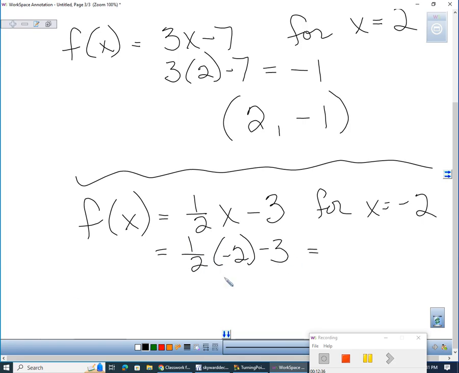So here, 1/2 of negative 2 is negative 1, minus 3 is negative 4, and then you have to write it as an ordered pair. X and then Y. Any questions here? Exactly what she had to do all the way through more 14. Just plug the number in, write it as a point. All right.